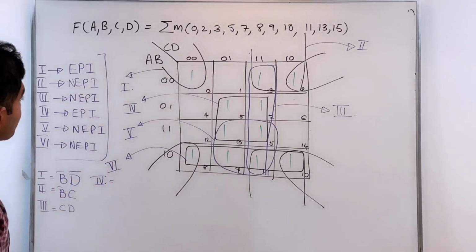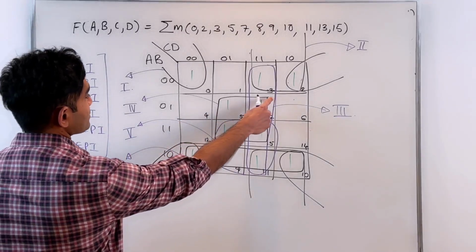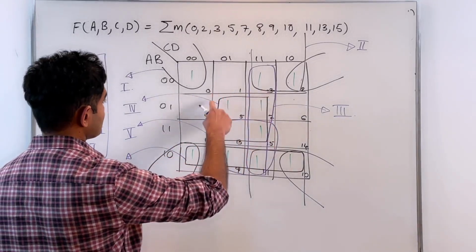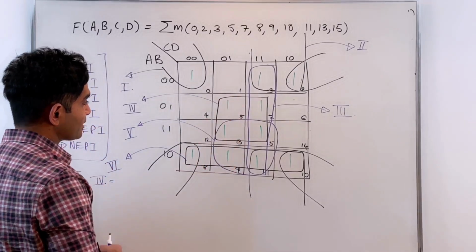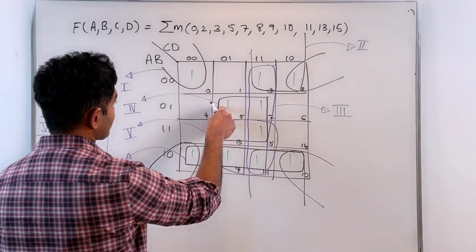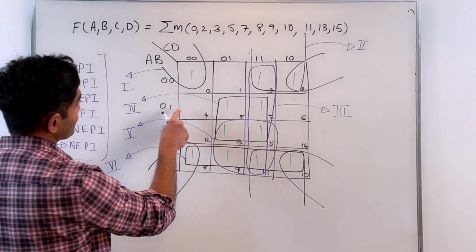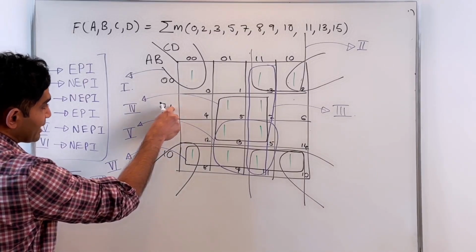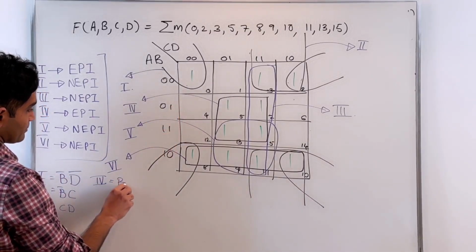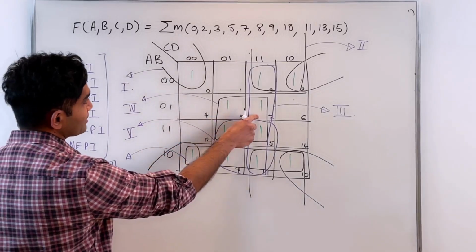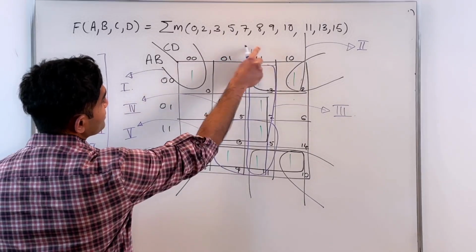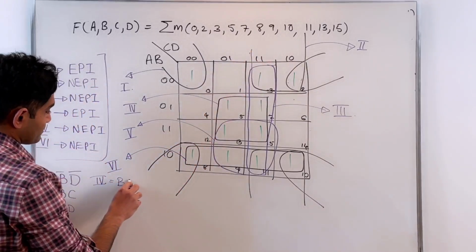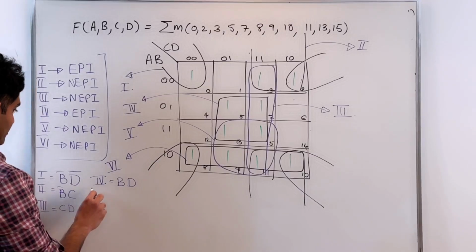The product term corresponding to 4, which is this particular combination. Again, I go both horizontally as well as vertically across the adjacent cells. When I go vertically, A changes, B remains as B. When I go horizontally, C changes, D remains as D. So that's BD.